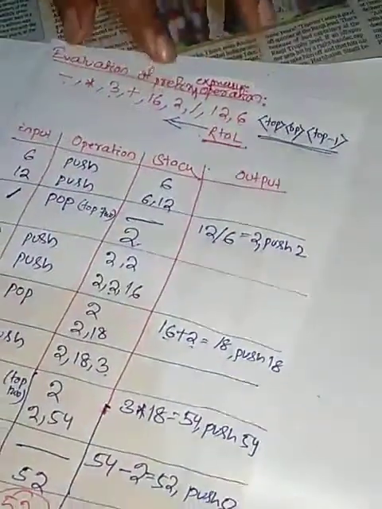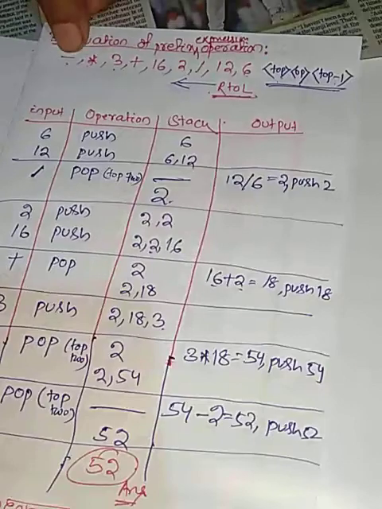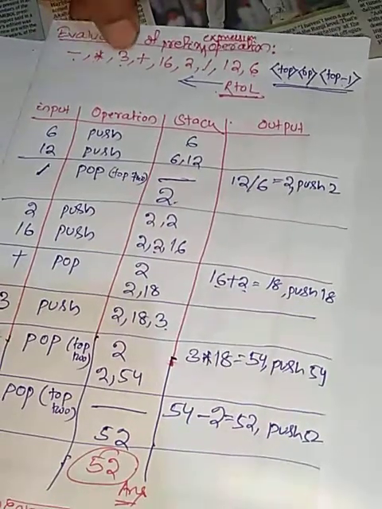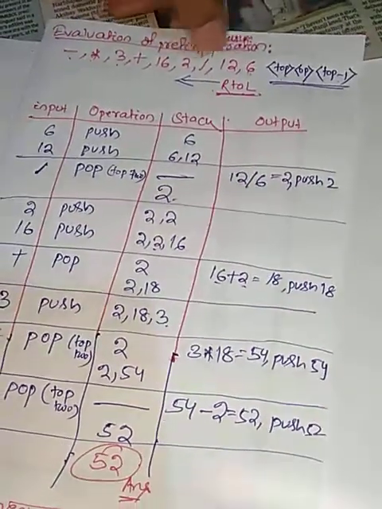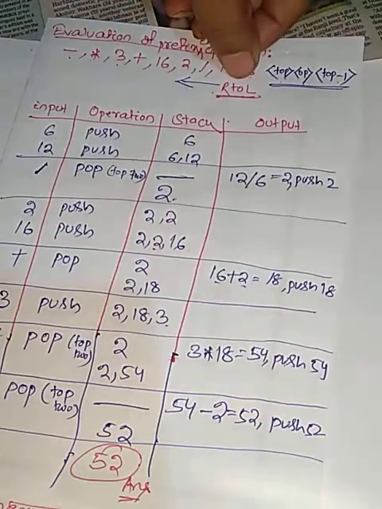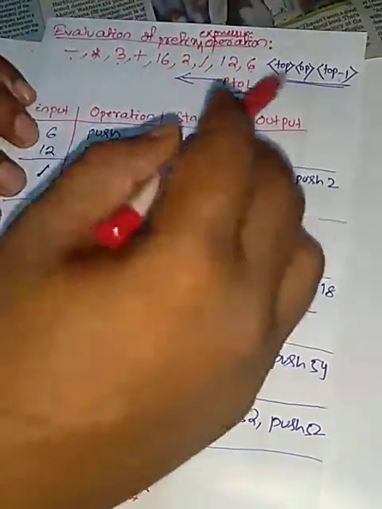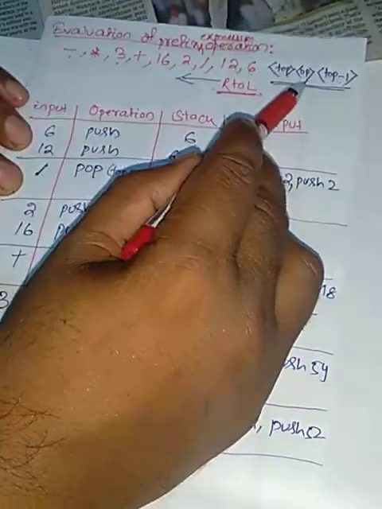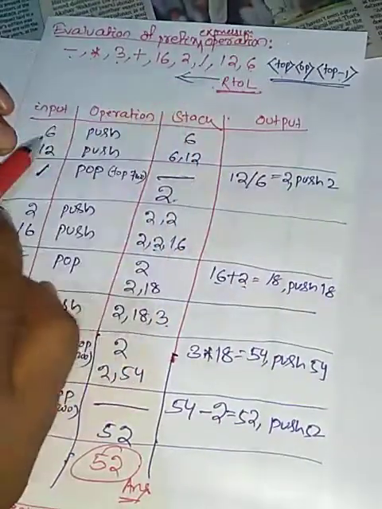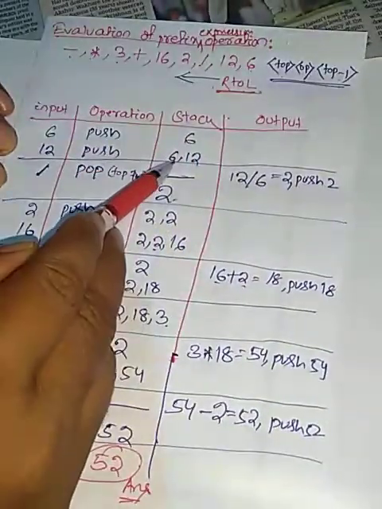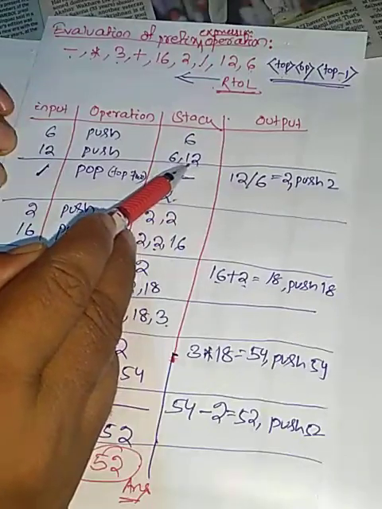Okay, let's say we have minus multiplication 3 plus 16 2 slash 12 6. We'll scan symbols from right to left, and the operation we will conduct is top operator top minus 1. So we encounter 6 and 12, we push them, so the result is 6 and 12, with 12 on top.